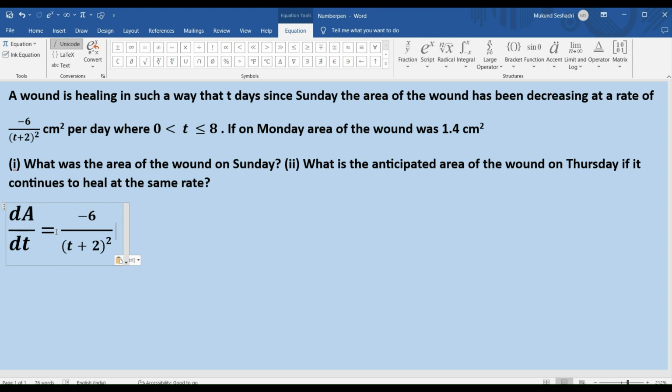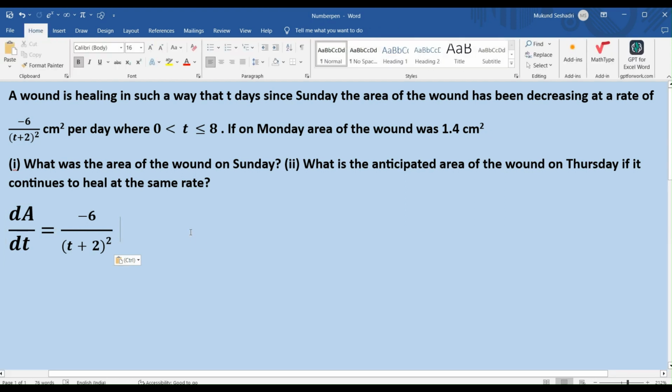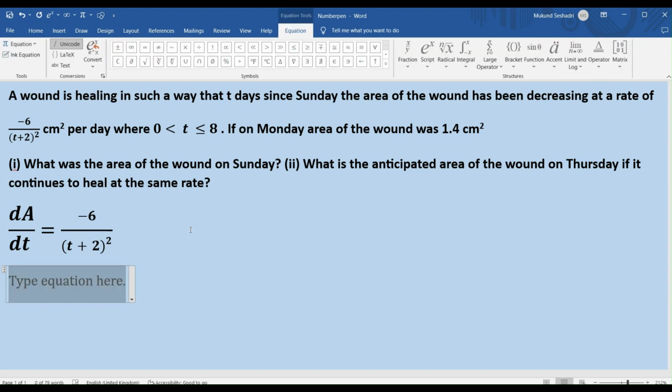Now this looks like a problem of integral calculus to me, which is not very difficult. All I will have to do is solve for A, because both questions, the area of the wound on Sunday and the anticipated area on Thursday, need us to find A.